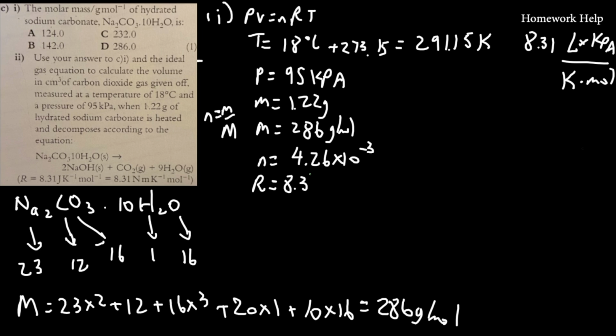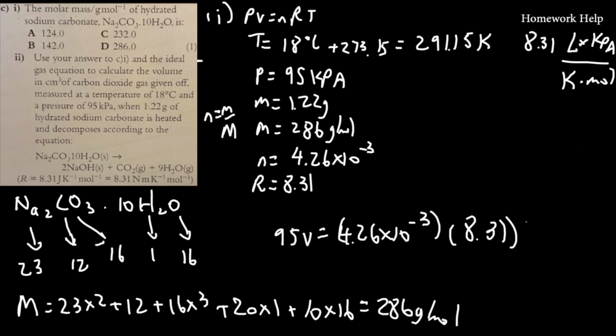It's 4.26 times 10 to the negative 3 times R is 8.31 times T, which is 291.15. So from here, V equals, so you're going to multiply everything on the right side and then divide by 95 once you're done.